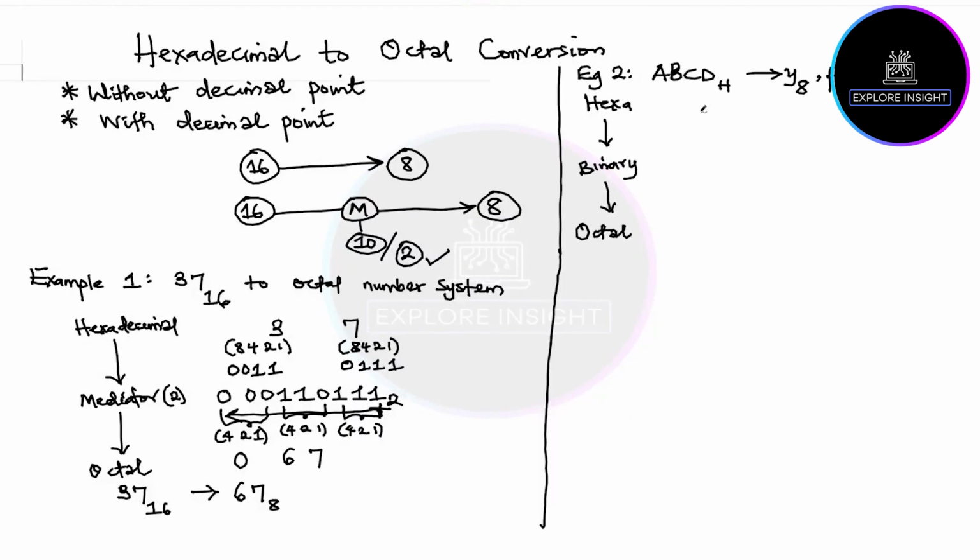Okay, so let's spread that out. So we have A, B, C, D. Now, let me just convert that: A is 10, B is 11, C is 12, and D is 13.